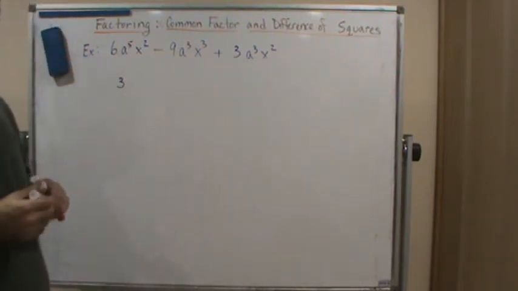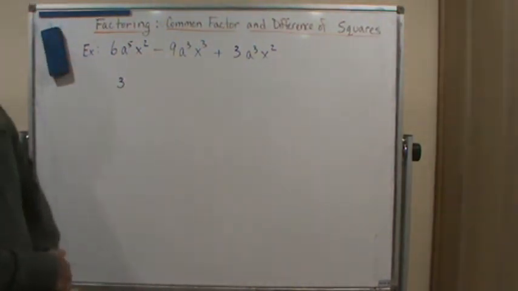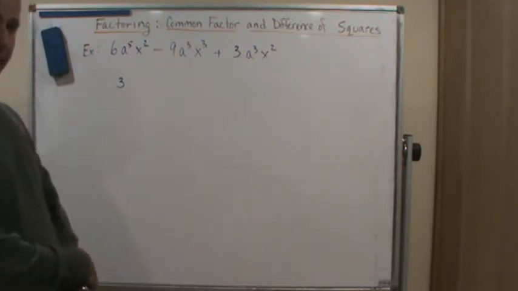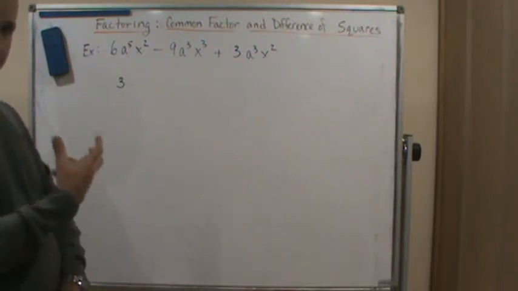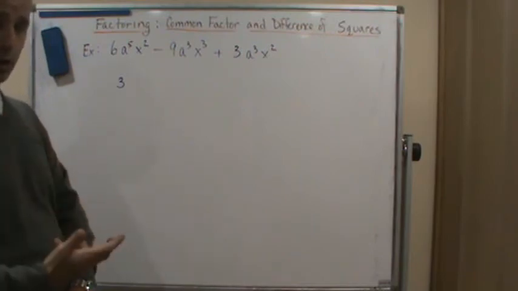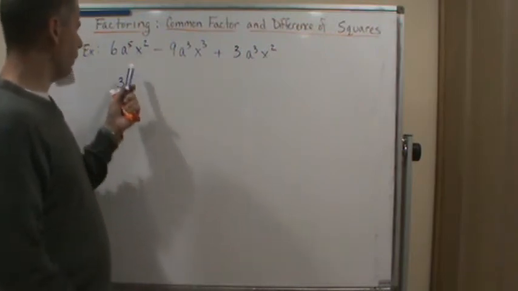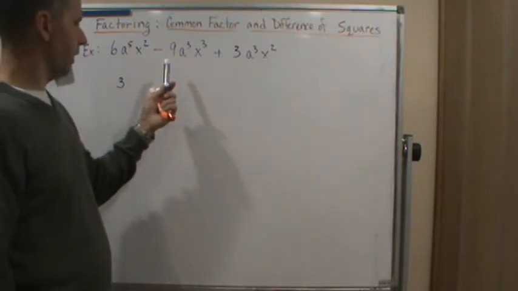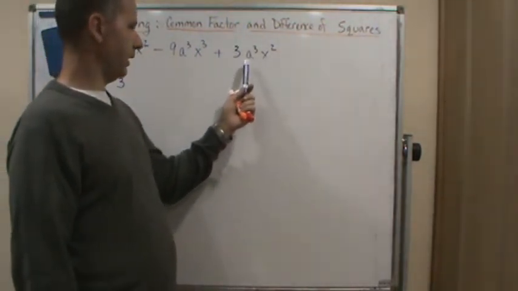Now let's look at the A's. In this case, the biggest factor of A is the one with the largest exponent that we could pull out of all of the terms. Here we've got A to the 5th, A to the 3rd, and A to the 3rd.